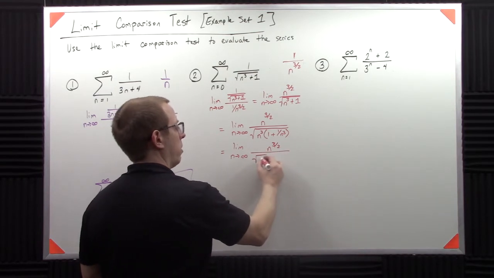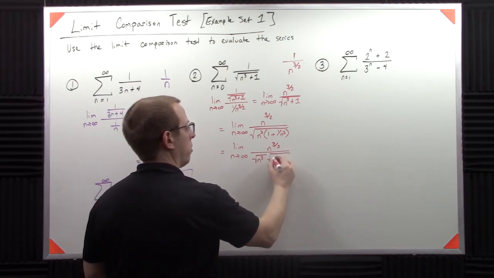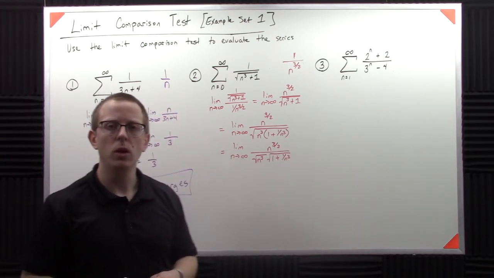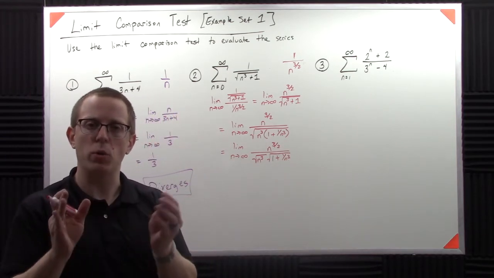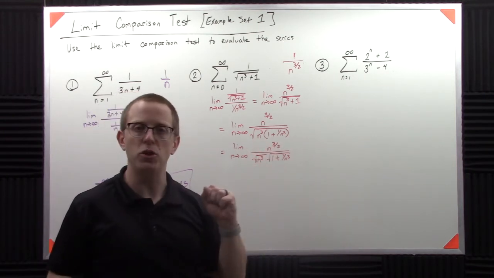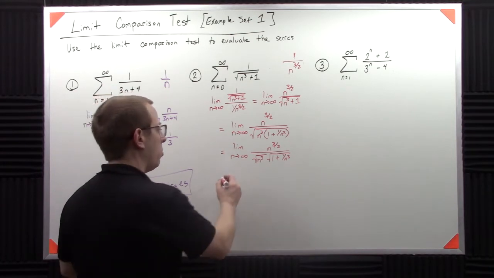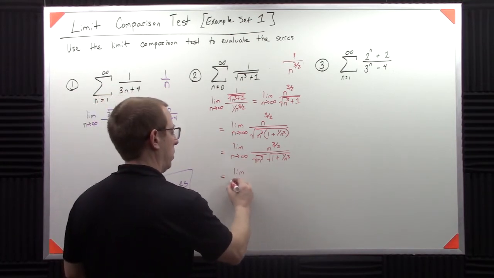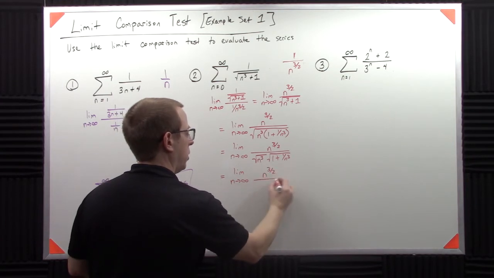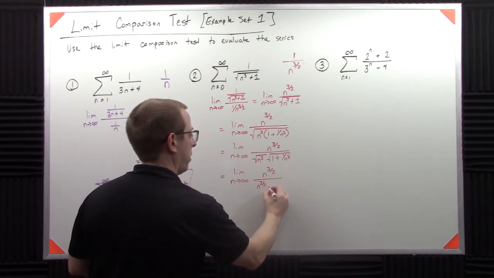I can say that's the square root of n cubed times the square root of 1 plus 1 over n cubed. That's the definition of how square roots work. If there's a product, you can take the square root of each piece. But I know that the square root of n cubed is also n to the 3 halves.